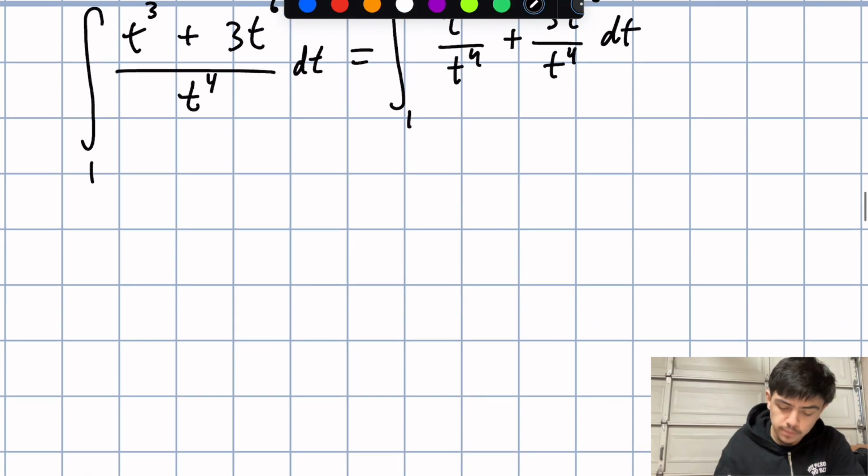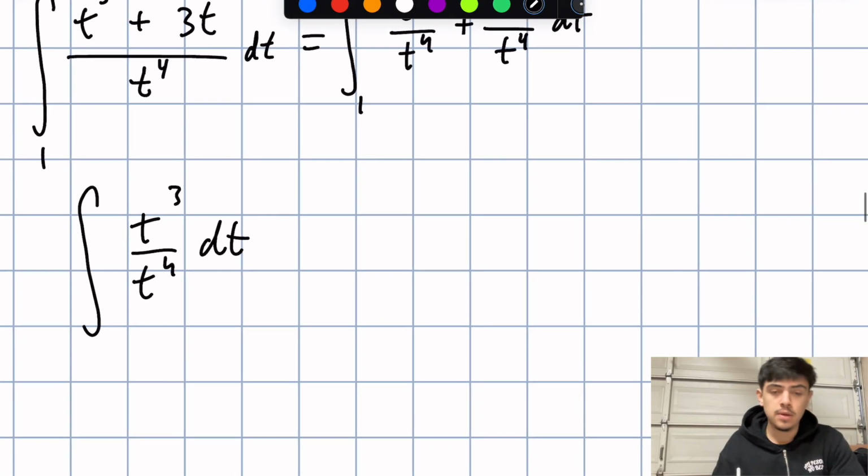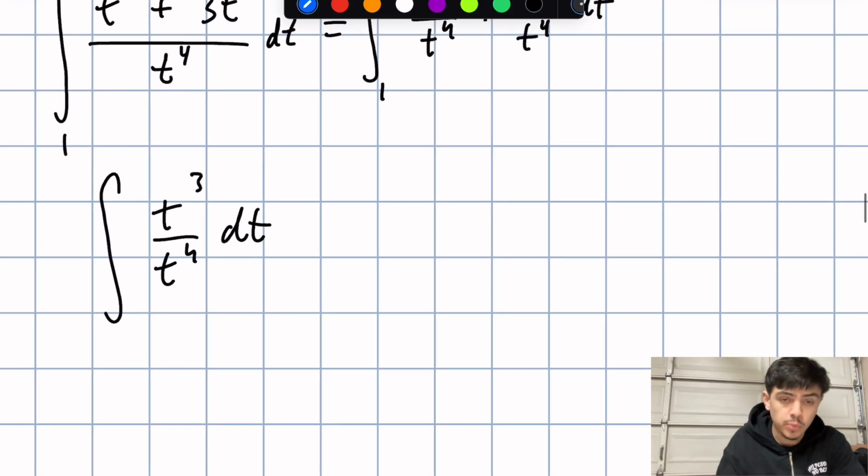So for this first one, we have t cubed over t to the 4th dt, right? Remember, when we're dividing with the same base, we subtract the exponents from each other.